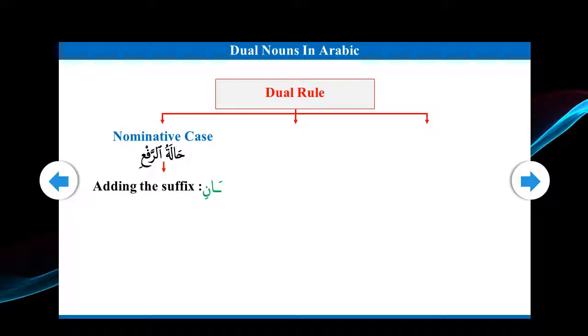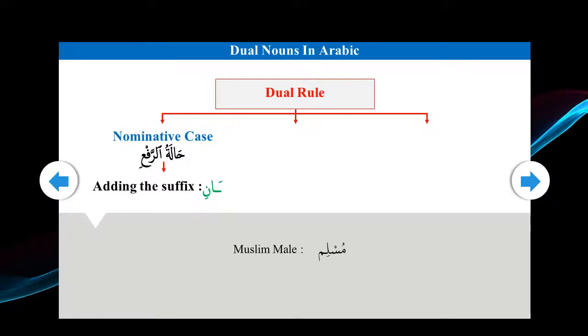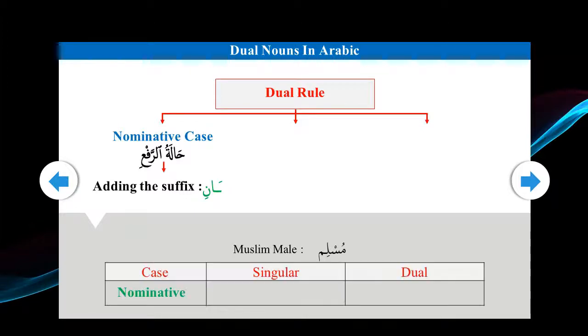I will start with the nominative case. Take the example of the word Muslim, which means a Muslim male. The singular in the nominative case is Muslimun, and to form the dual, we will take our noun without any vowel at the end, and then we'll append the dual suffix to the end.